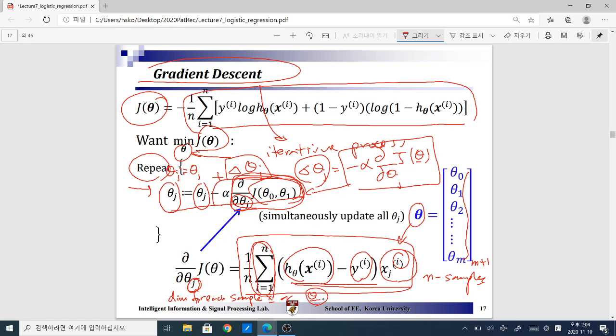All right. So the question is, how do we show that the partial derivative of this error function is going to become this? Well, first of all, I should say that this particular representation, obtained by taking the partial derivative of the error function, is exactly the same as that of the linear regression case.